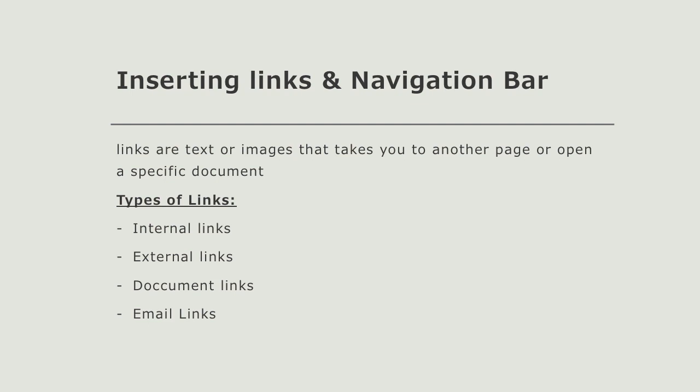And finally, the email links, which will allow me to insert an email, like those links for applying for a job or sending complaints. When we click on it, it will open Outlook with the email ready, sometimes with the subject, and you just type and send. So let's get started.